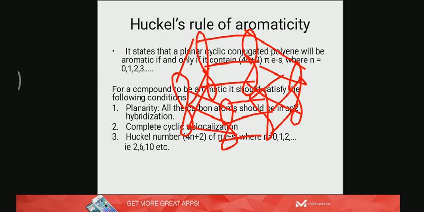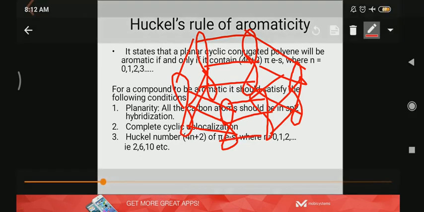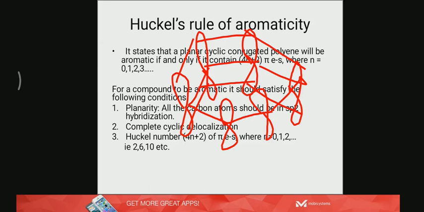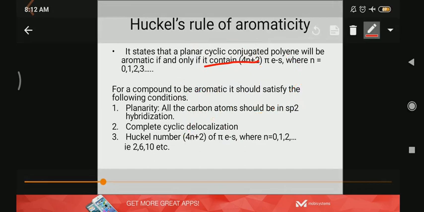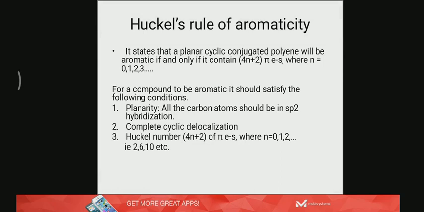So there is a second condition, complete cyclic delocalization. The compound will be aromatic only when there is complete cyclic delocalization, for which planarity is a prerequisite. So these are the two conditions: number one, complete planarity, number two, complete cyclic delocalization.